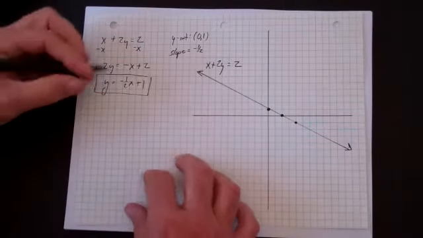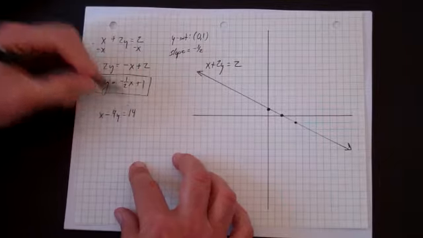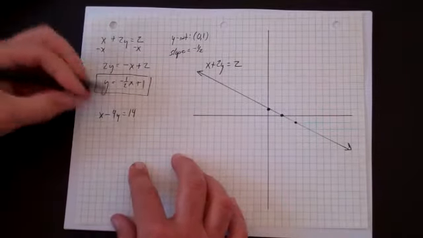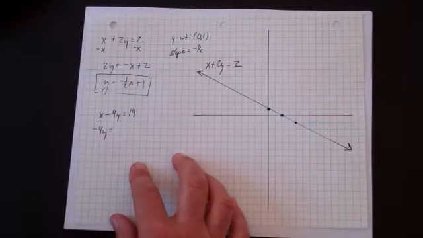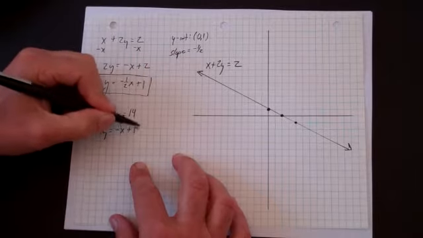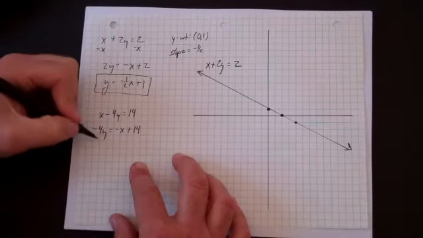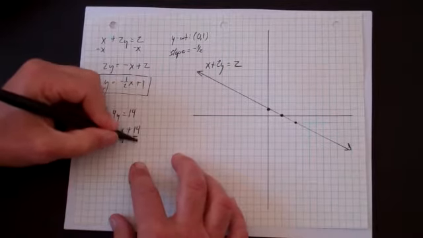The second equation here is x minus 4y is equal to 14. That's minus 4y is equal to minus x plus 14. Divide by minus 4, divide by minus 4, and divide by minus 4.